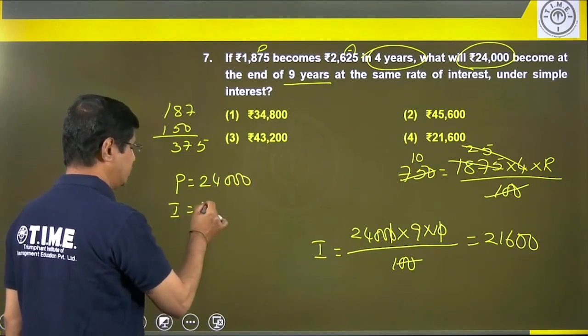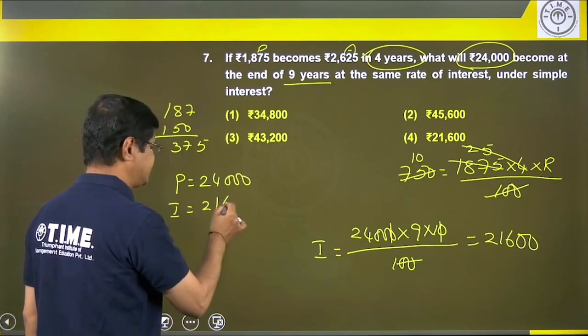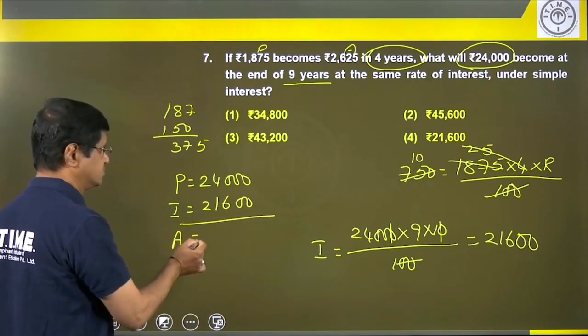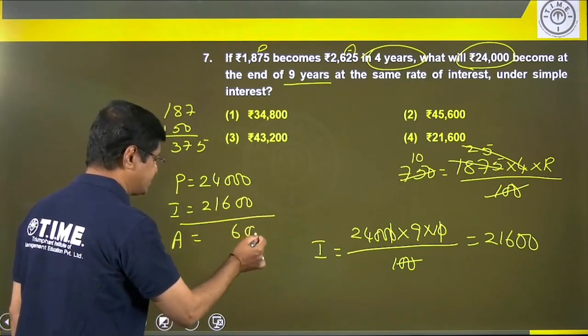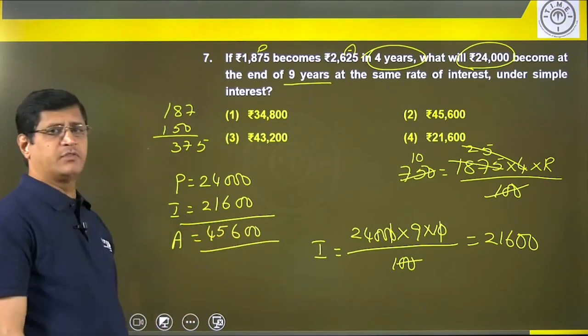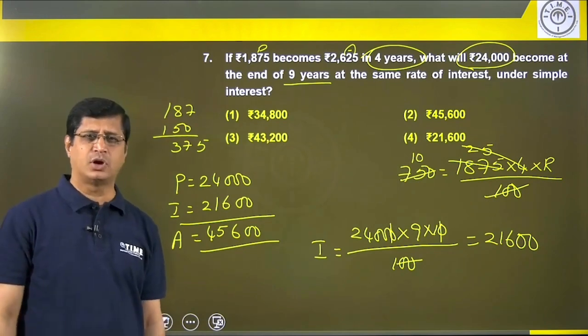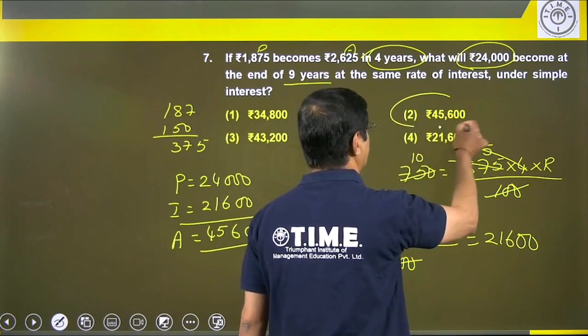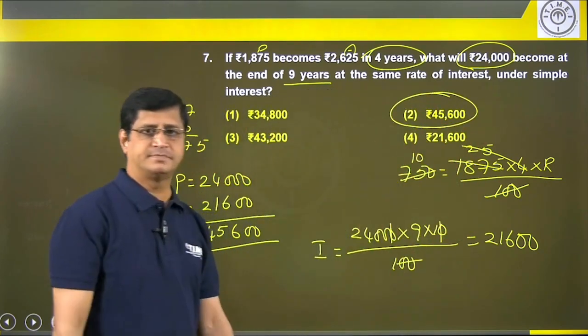What is the interest here? 21,600. The sum of these two is equal to the amount. Now 600 as it is, here 4,500. The value of the amount is equal to 45,600. The answer is option 2. The second choice is the right answer.